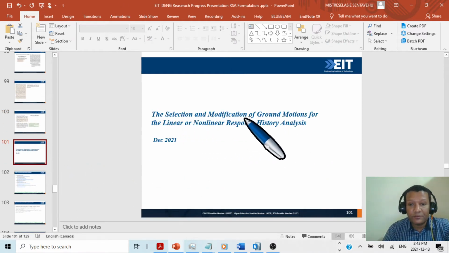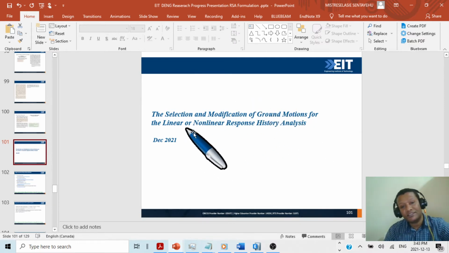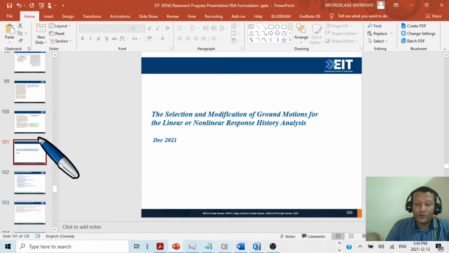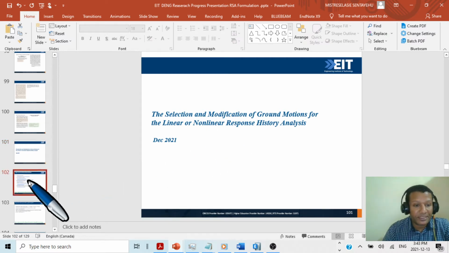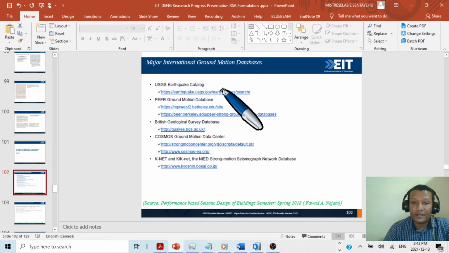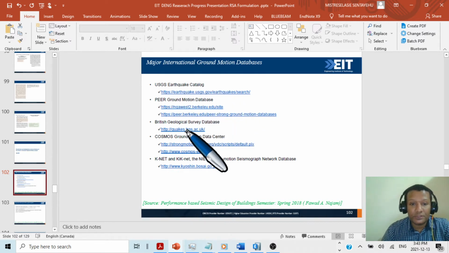The selection and modification of ground motion for linear or non-linear response history analysis. This is very important. So how do we select and modify the ground motions from different websites? As you can see here, we have the USGS earthquake catalog, PEER ground motion, British Geological Survey data, COSMOS ground motion data system, K-NET.